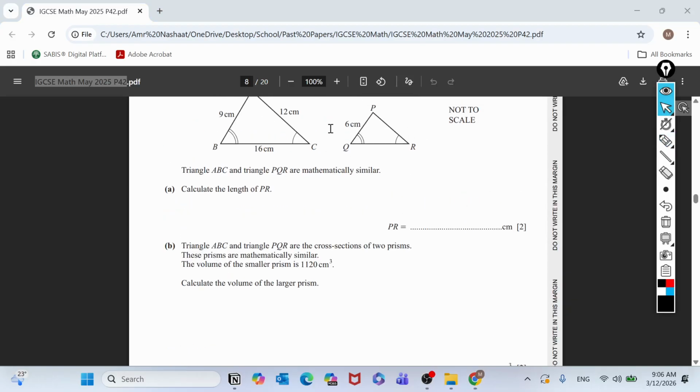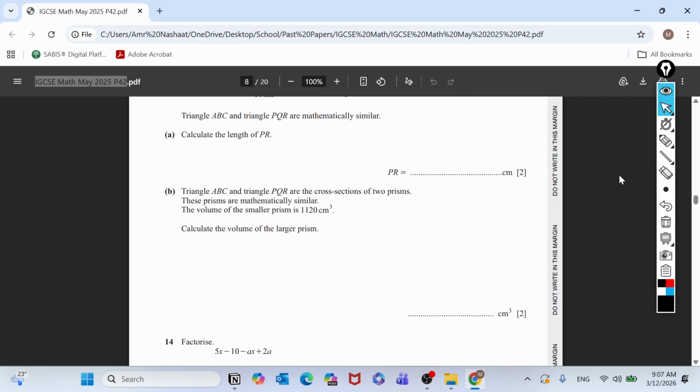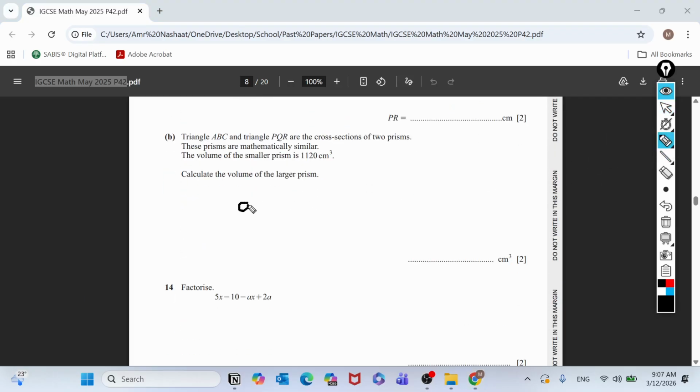So we have these sides, yeah? So here we did 9 over 6 equals 12 over PR. But now the volume is cubed, so we're going to have to cube the 9 and the 6. So now we're going to have to do 9 cubed over 6 cubed is equal to the volume x over 1120 for the smaller one.